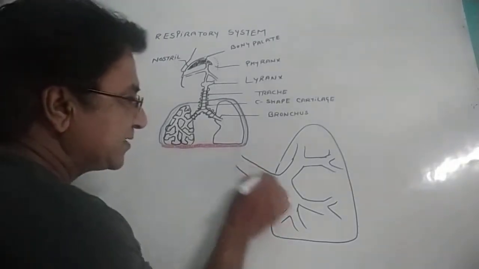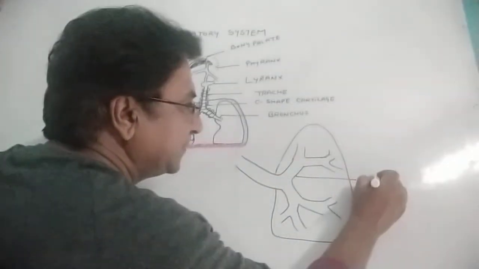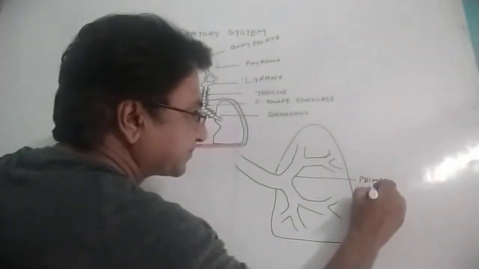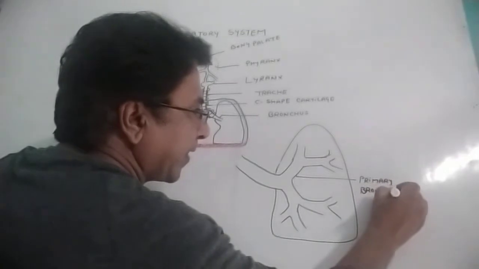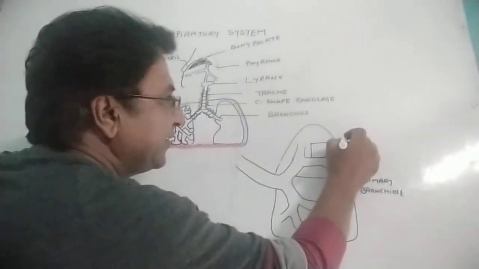Let's write them. This is the bronchus, which first divides to produce primary bronchiole. And then it further divides to produce secondary bronchiole.